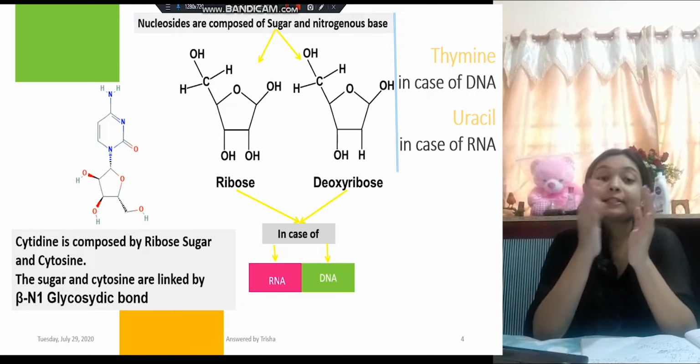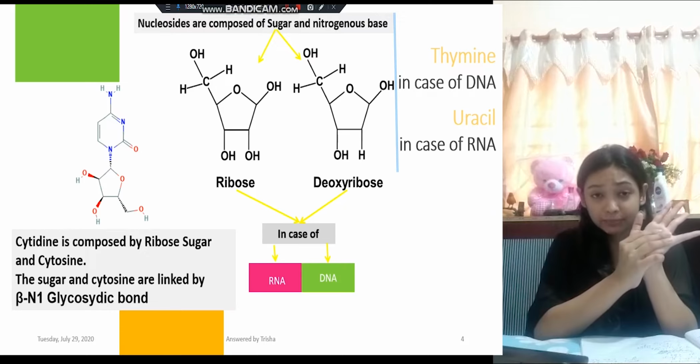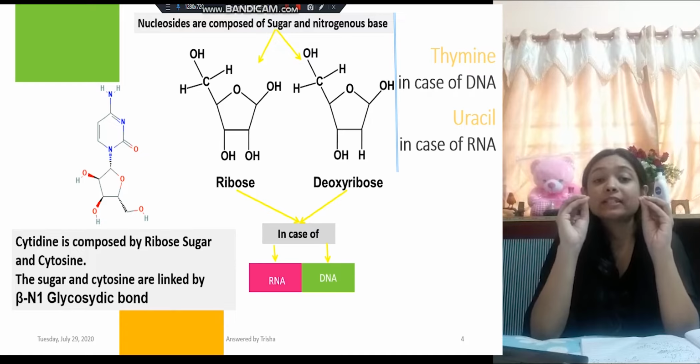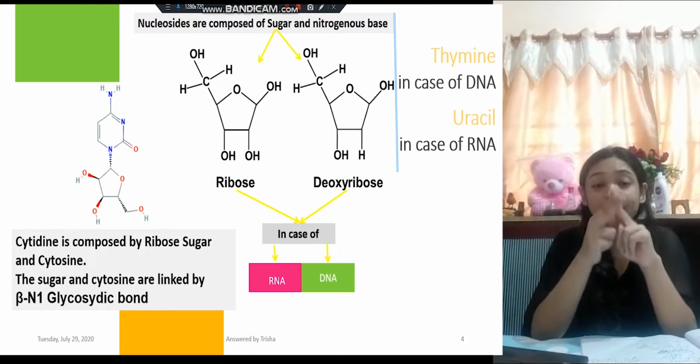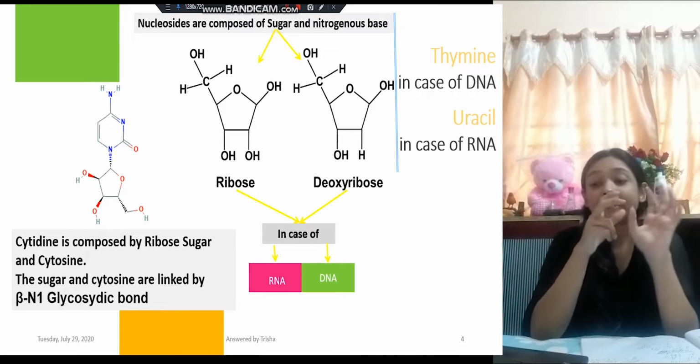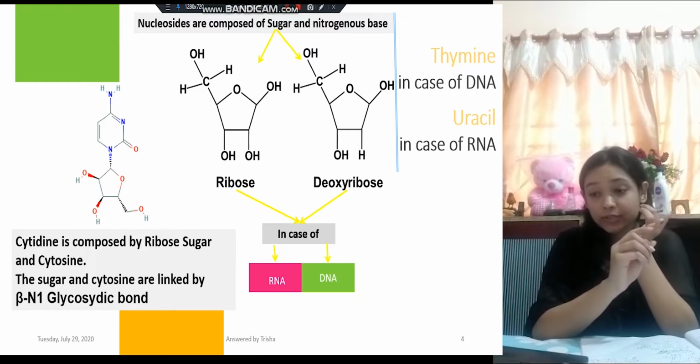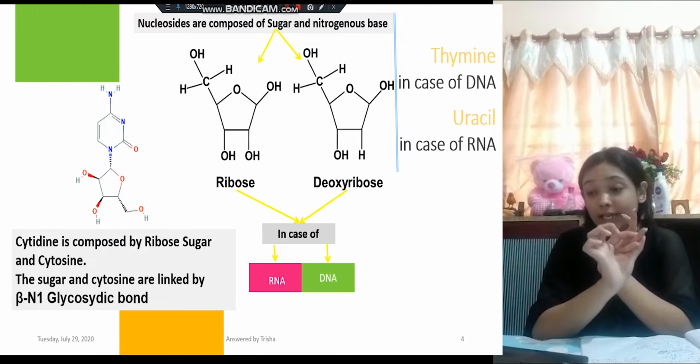One more thing: the nitrogenous base and the sugar are linked together by an N-glycosidic linkage. There is a glycosidic bond between them. In cytidine, the bond between the ribose sugar and cytosine is a beta N1 glycosidic bond.